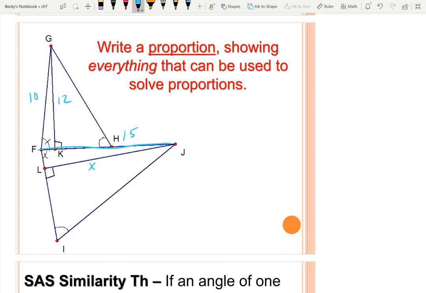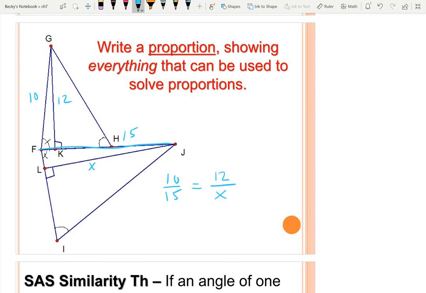What I would suggest is take the first triangle and say, what does GF correspond with? Well, it corresponds with the 15. And what does GK correspond with? Well, it corresponds with X. Okay, so let's cross multiply our extremes and means.